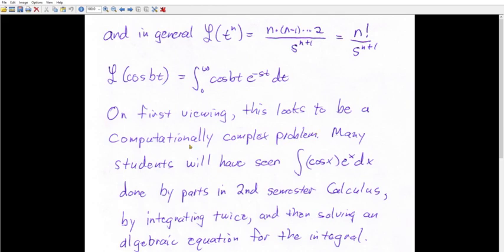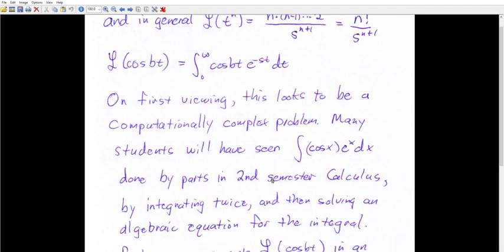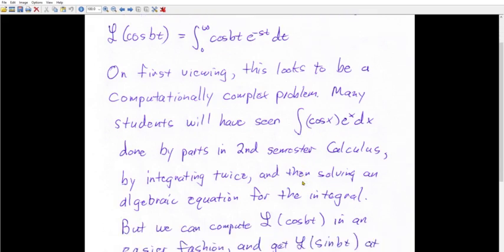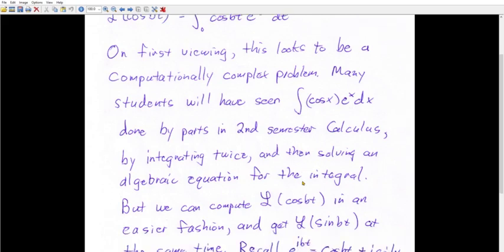Many of you will recognize this integral, cosine x times e to the x dx, as an integral that was done by parts in second semester calculus. It was often the culmination of looking at all the integrals we can do. You ended up integrating by parts twice, setting up an equation for the integral, and then solving for it algebraically. So it was probably the most complicated problem you ever did by parts.